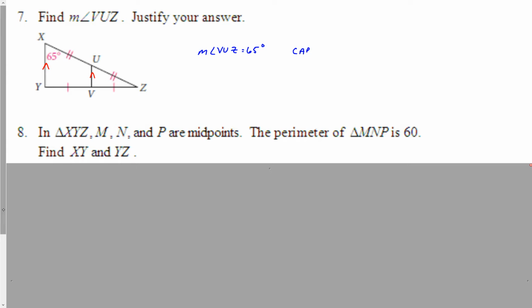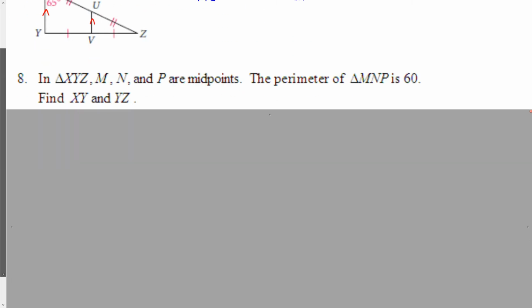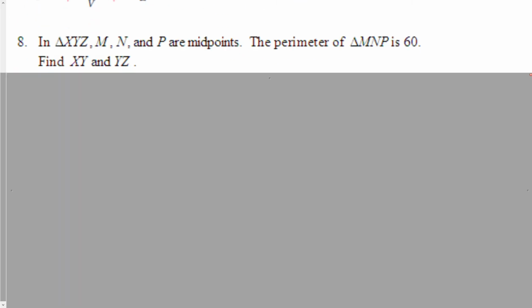All right, I have the diagram for number 8 covered up here, but I'd like you to see if you can do this one on your own, applying the triangle midsegment theorem, and enter your answers.